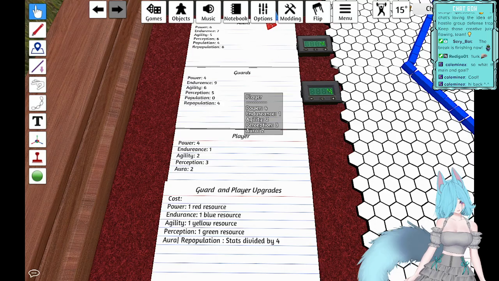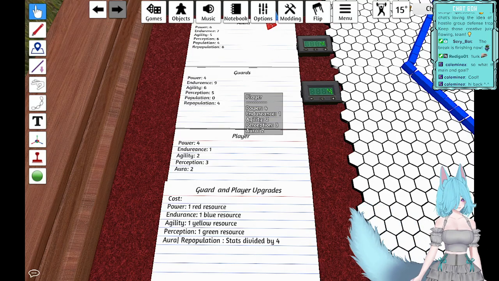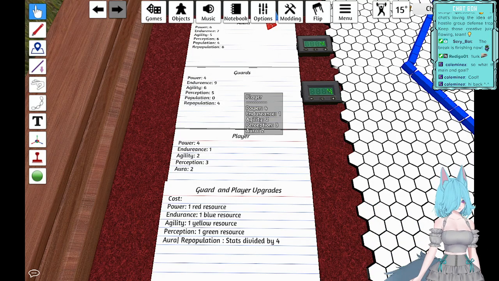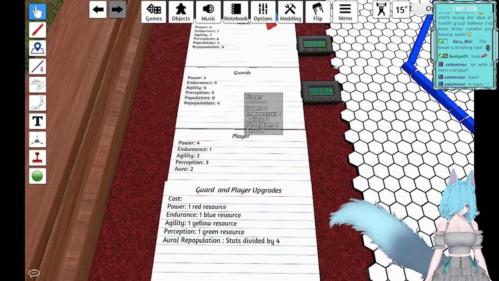Chat, I do have a question. 2.5, would you round that up or would you round it down?